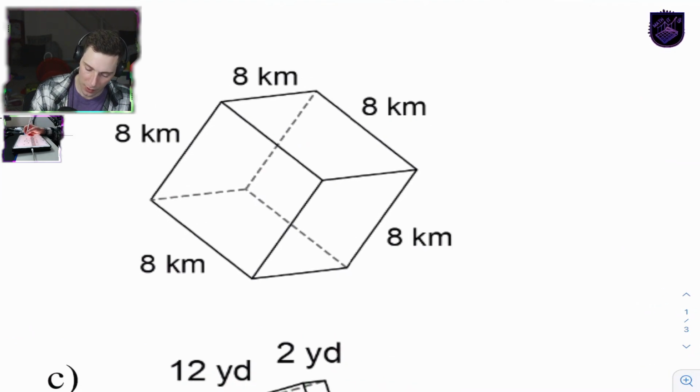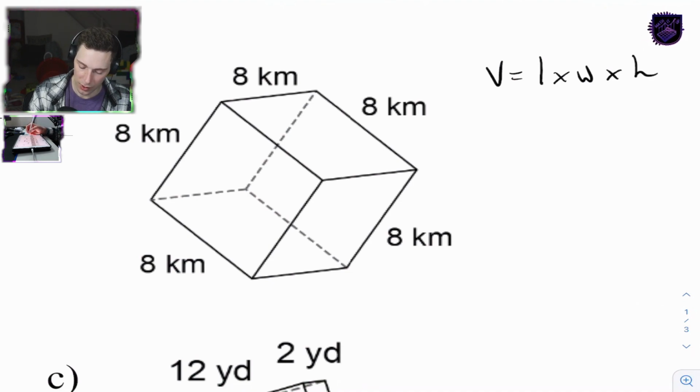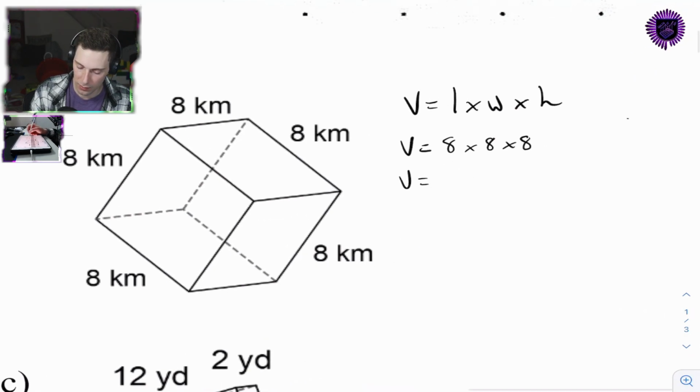C. Our volume will be equal to the area of the base, which is length times width, multiplied by the height of our shape. Volume will be equal to 8 times 8 times 8, which is 64 times 8. 64 times 8 is equal to 32.